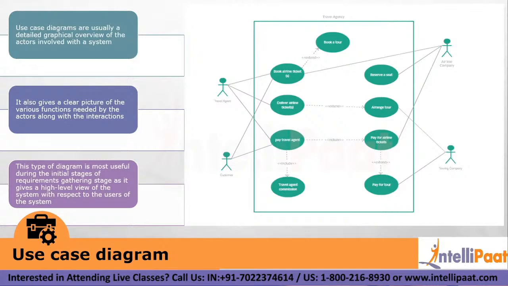You are identifying how these actors would be interacting with the system, what the intricacies would be, what the mandatory requirements are, what the optional requirements are, and so on and so forth. So now I guess this answers one of the questions that was asked before. How do we know when to use a particular diagram? If you know the circumstances where a diagram like this is useful, you will know when to use it. And mostly this is used at the initial stages.